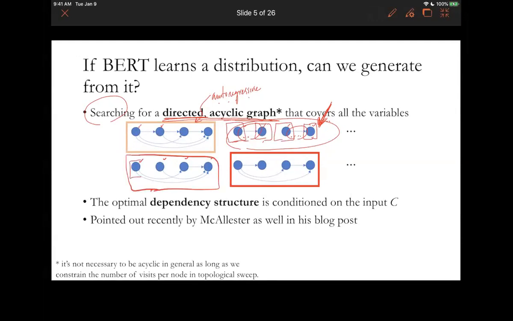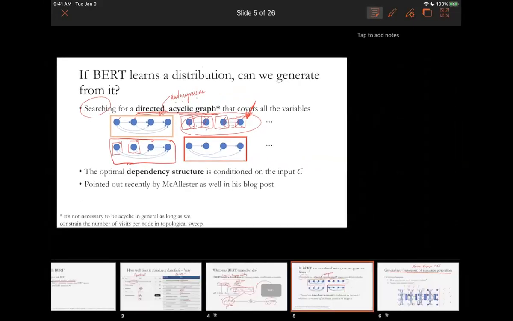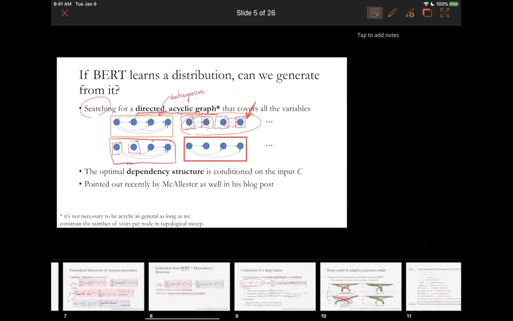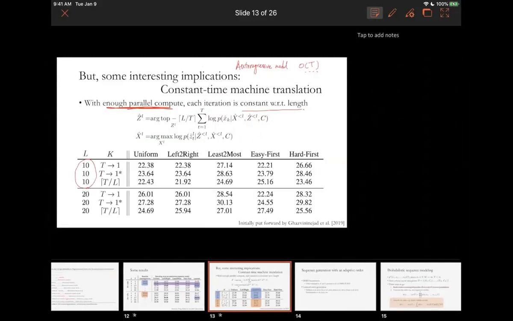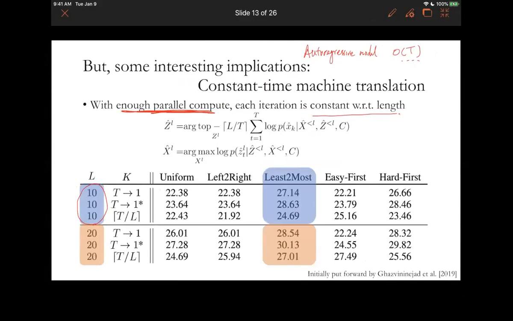We can generate the first and second words simultaneously, but then the third and the fourth words need to be generated sequentially. So this is how we're going to achieve this constant time translation. And then surprisingly, this constant time translation actually works reasonably well. And then we get high enough BLEU scores.